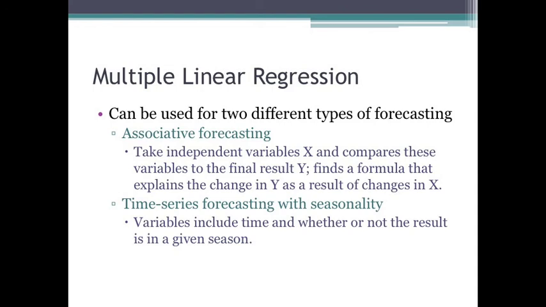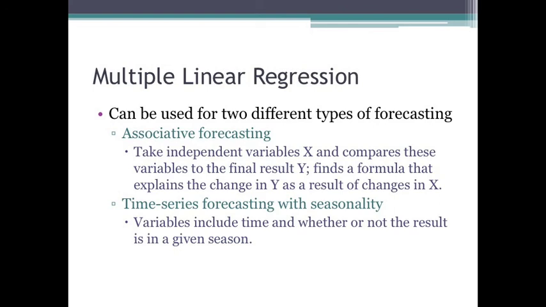If it is that season, if that case is true, for instance, then this dummy variable has a value of 1. If it is not that season, if it is not true for this particular variable, then it has a value of 0. And by doing this, you can have a yes-no case with regard to forecasting.